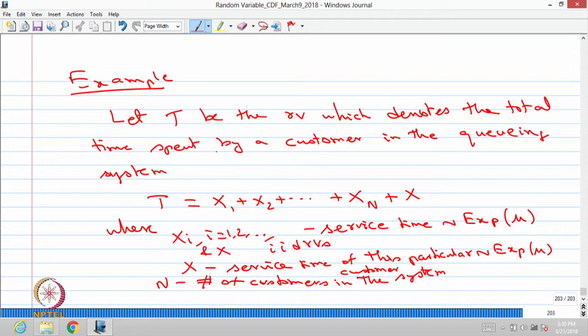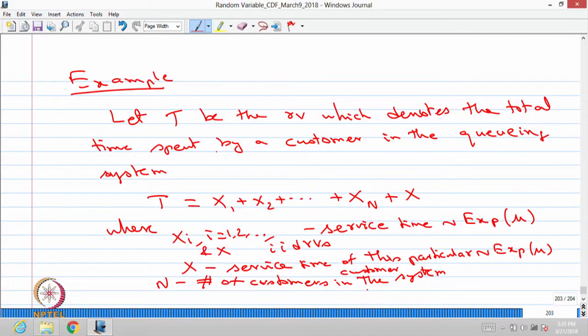My interest is to find out the distribution of capital T. So, I have to supply the distribution of the number of customers in the system also. Here the capital N means the number of customers in the system before his turn, that is, the number of customers in the system when he enters the system.